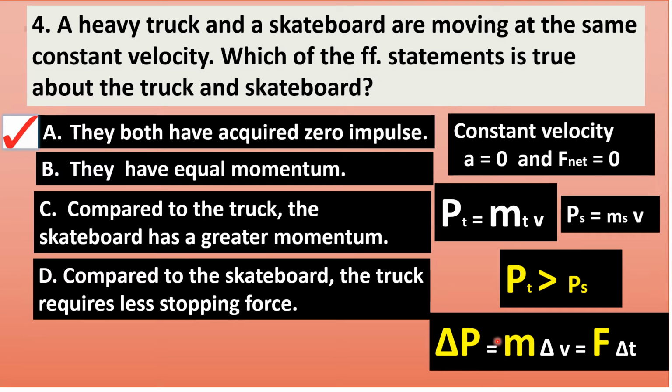The bigger mass will also have the greater change in momentum, which corresponds to a bigger stopping force. That is why what is described in option D is quite the reverse. Compared to the skateboard, it says the truck requires less stopping force. It should be the other way around. Or you can say that the truck requires greater stopping force.